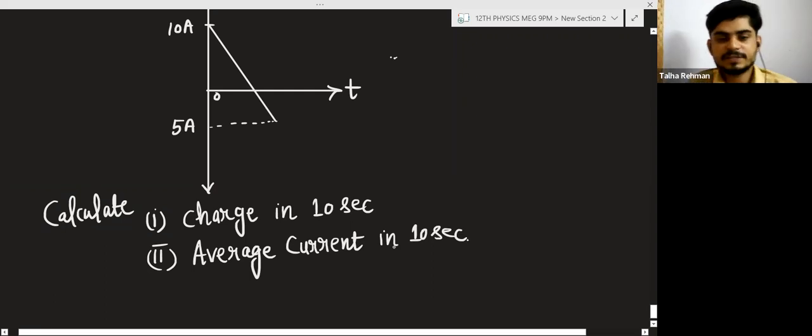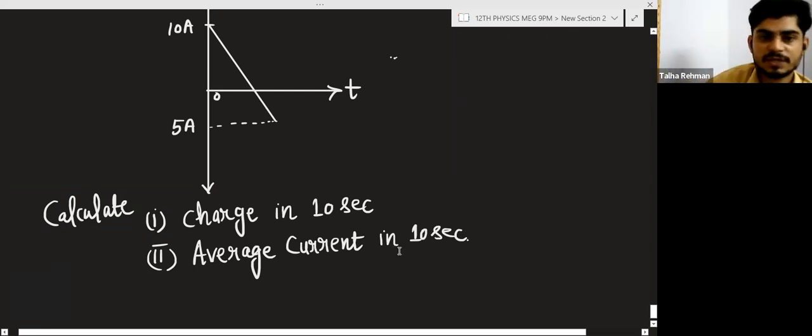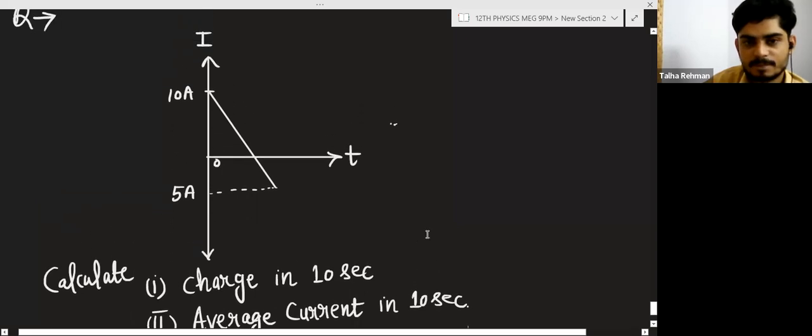We have to calculate the charge in 10 seconds. And one thing is also given here. Here at this point the time is 10 seconds. Time is 10 seconds at this point.